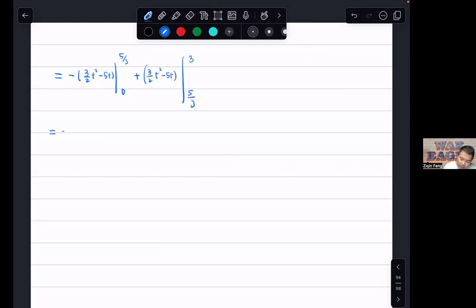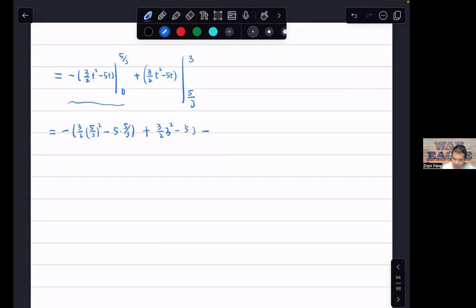So this is negative 3 over 2 times 5 over 3 squared minus 5 times 5 over 3. Then plus, plug in 3, you get 3 over 2 times 3 squared. For the first term, plug in 0, you get 0, right? Minus 5 times 3.